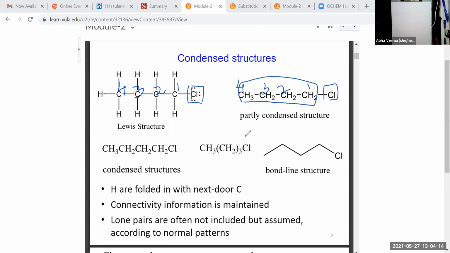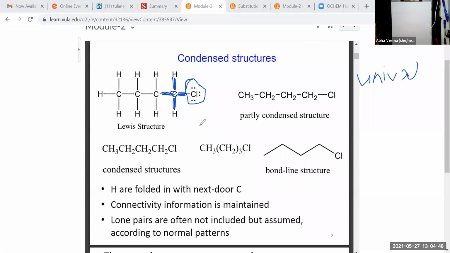Why? Because one of the hydrogens which were supposed to be on this carbon has been substituted or replaced by this chlorine. Any questions on what I just said? This carbon has to make 4 bonds: 1, 2, 3, 4.